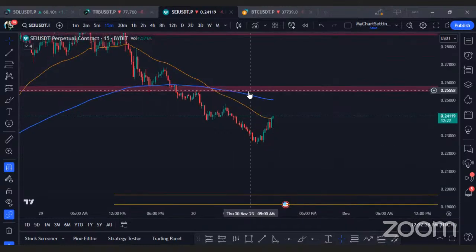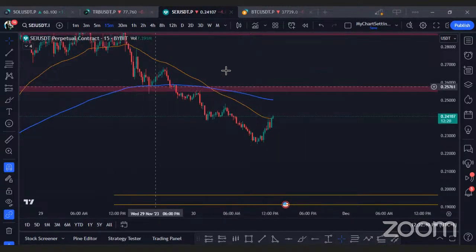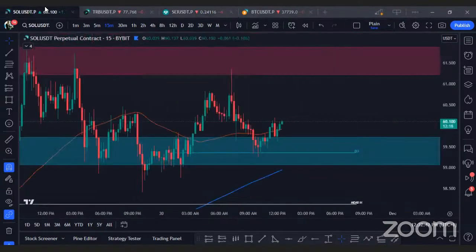Okay, so I'm targeting this level for SEI of 25 cent, at 0.255 or 256 and all of that.